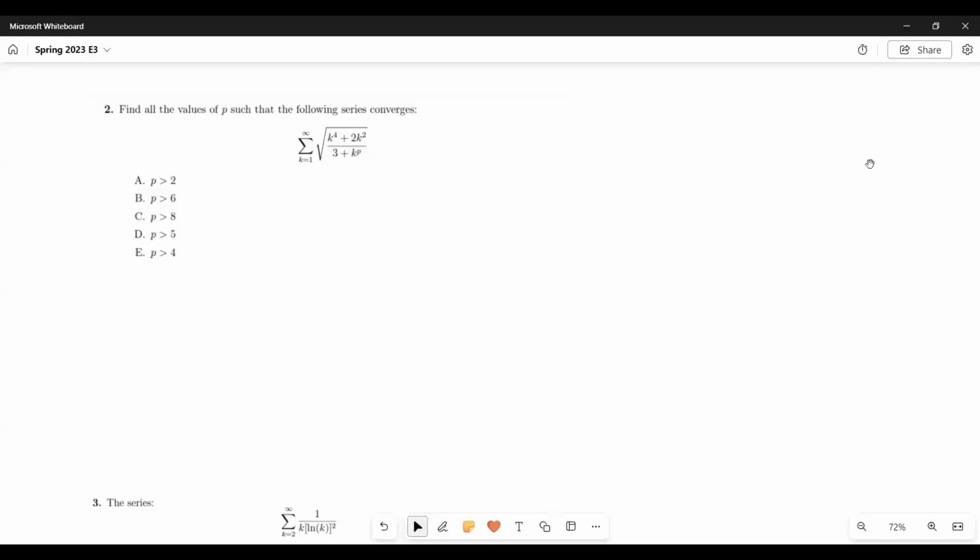Okay. This question has to find all the values of p such that the following series converge. We're going to use the p-series test and we're going to just plug in the values.